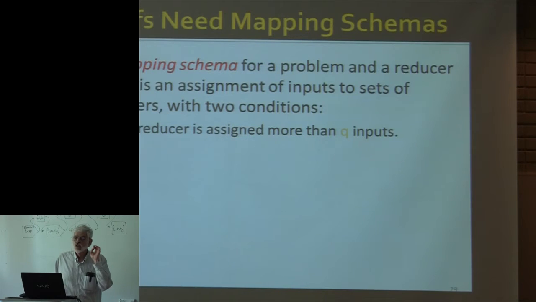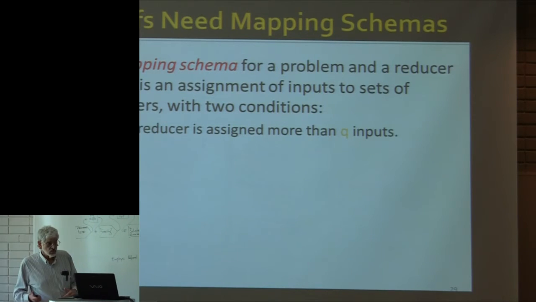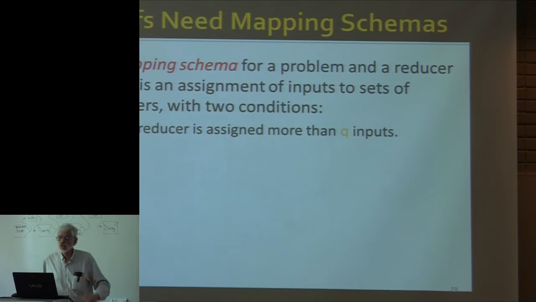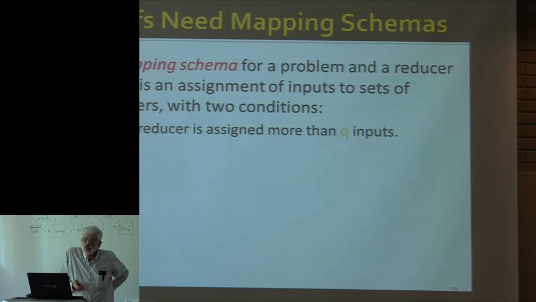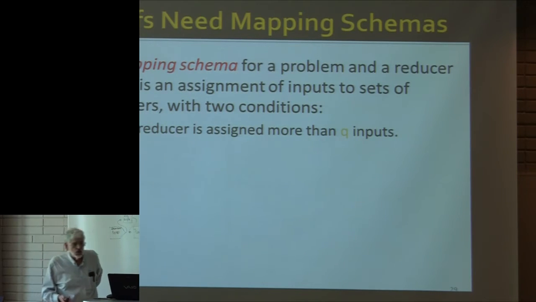It assigns inputs to reducers. Each reducer gets some set of inputs that are assigned to it, maybe 1, maybe 2, or maybe 3,000. The first constraint is the obvious one: no reducer can be assigned more than Q inputs. That's the definition of reducer size.